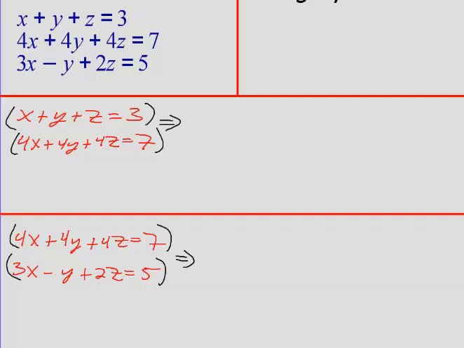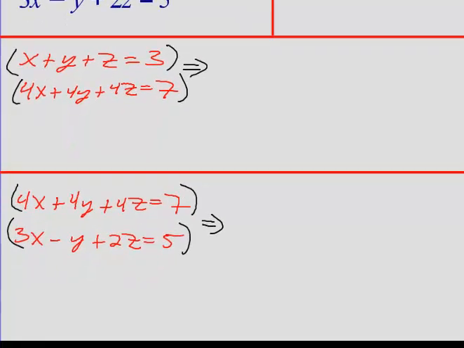All right, so which variable do you want to remove? Again, doesn't matter? Okay. Least common multiple is 4, so I get a negative 4 on top, 1 on bottom.